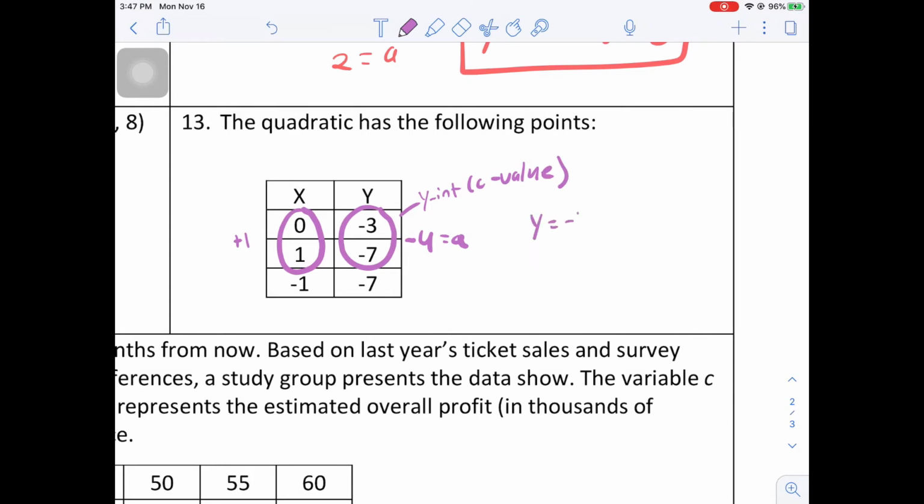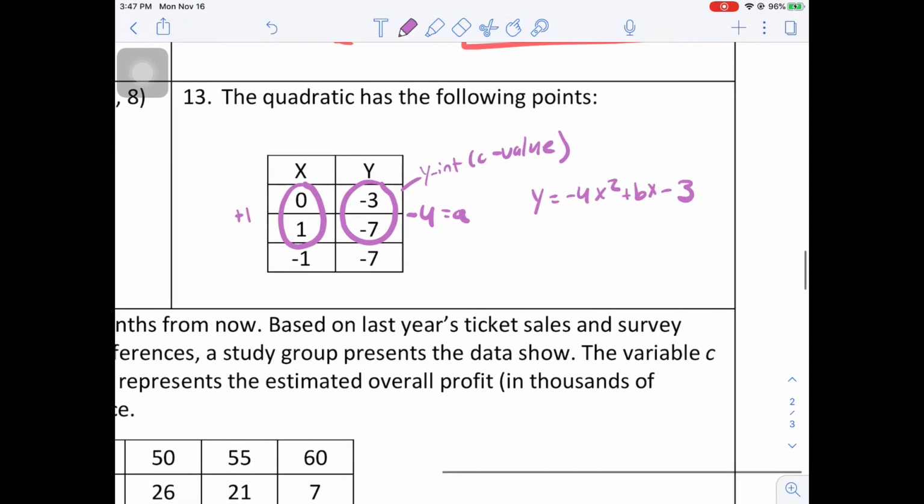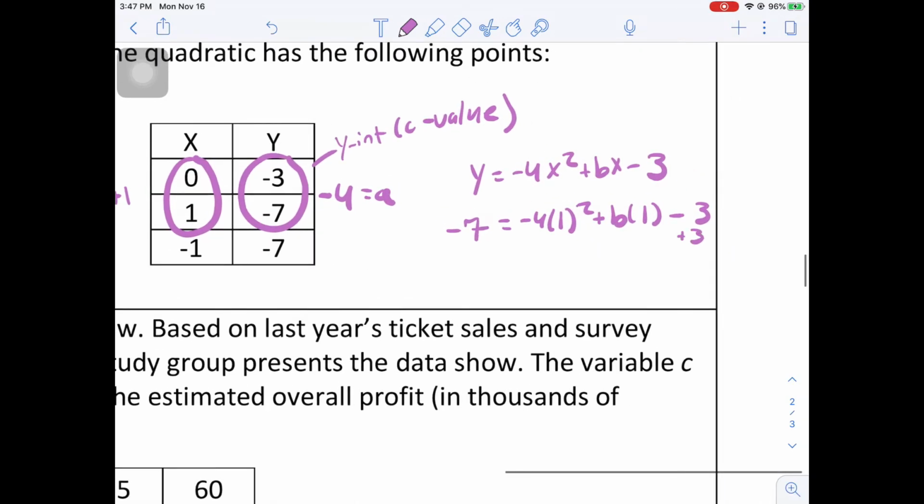So then we are going to say y is equal to -4x squared plus bx minus 3. Plug in what we know. We know that -7 is y when you plug in 1, so -4 times 1 squared plus b times 1 minus 3. So I'm going to add the 3 over.